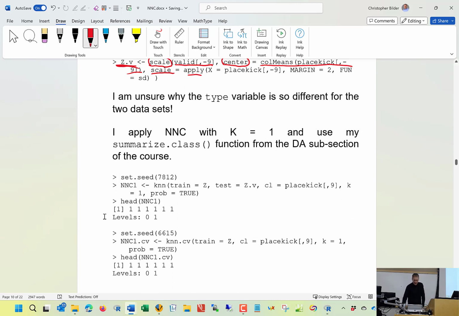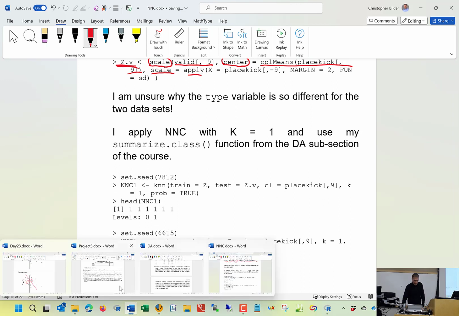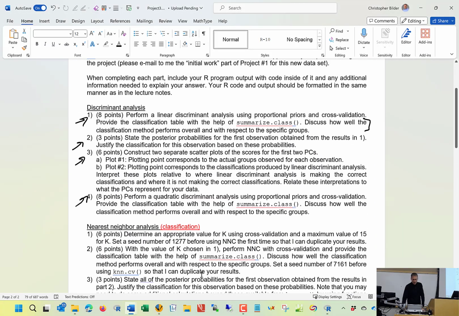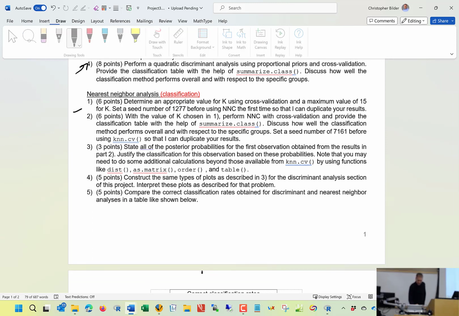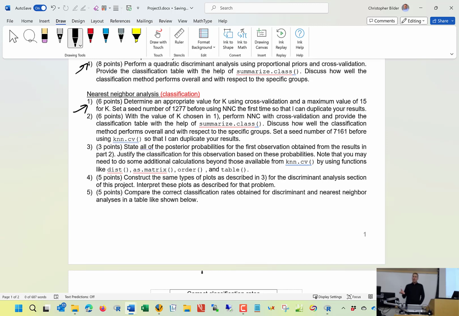Okay, we're running out of time here, so let me briefly mention this project. You're going to apply nearest neighbor classification to the data set that you're using for the project.